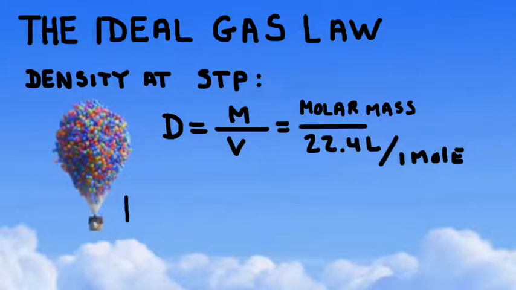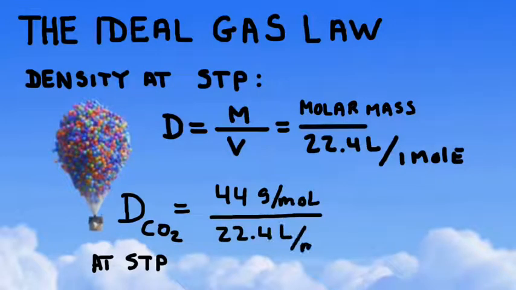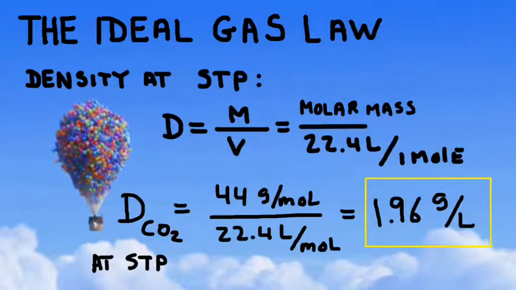So, for example, suppose we're going to try to find the density of carbon dioxide at STP. All you need to do is find the molar mass of the carbon dioxide, 44, and divide it by 22.4 liters per mole, and we get that the accepted theoretical value for the density of carbon dioxide at STP is about 1.96 grams per liter.